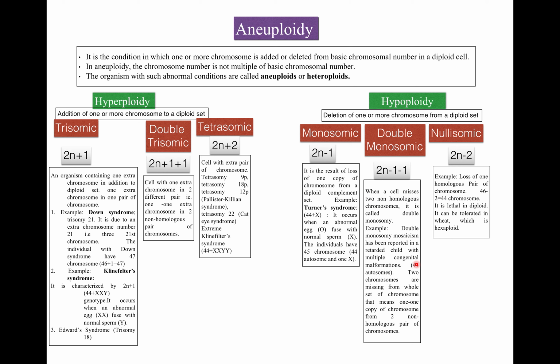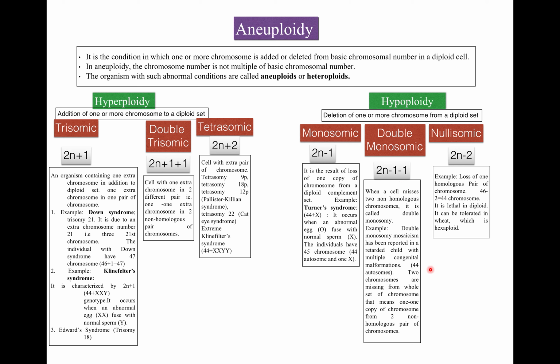Now double monosomics. When a cell misses two non-homologous chromosomes, then it becomes double monosomy. That is 2n minus 1 minus 1. Means one chromosome is missing from two non-homologous pairs of chromosomes.